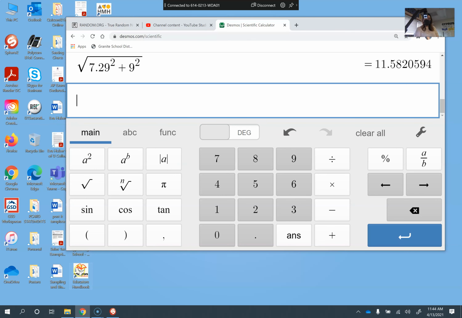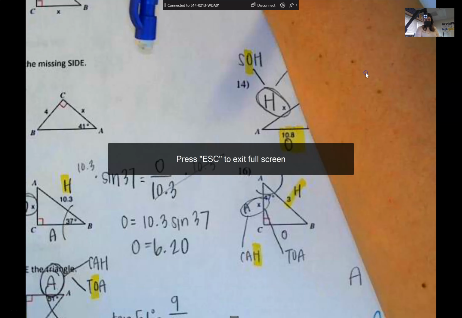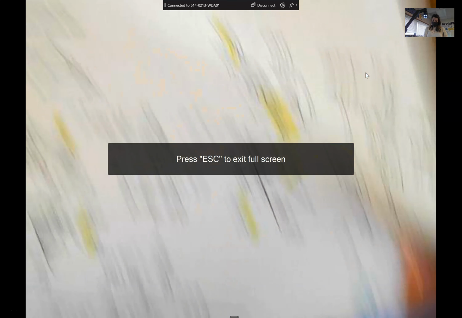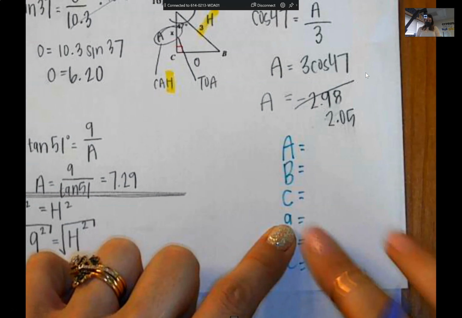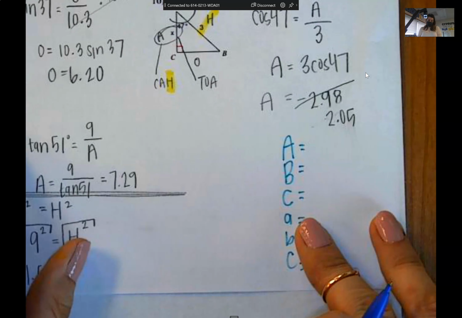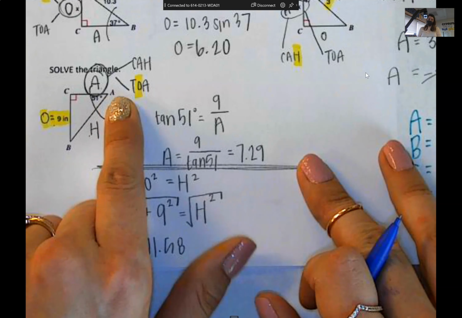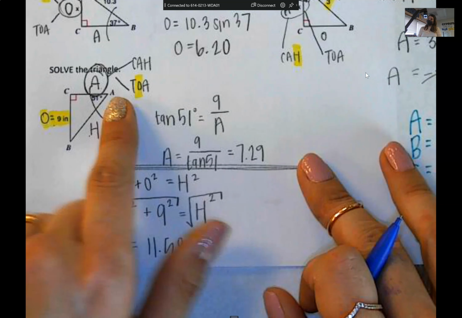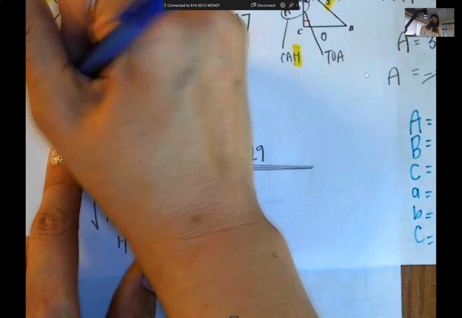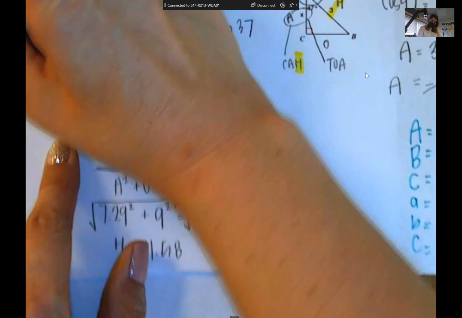So now I have all of the side lengths. So now let's talk about how we fill those in. Okay, well, little a is the side that's across from the angle capital A. So that means that little a is 9.